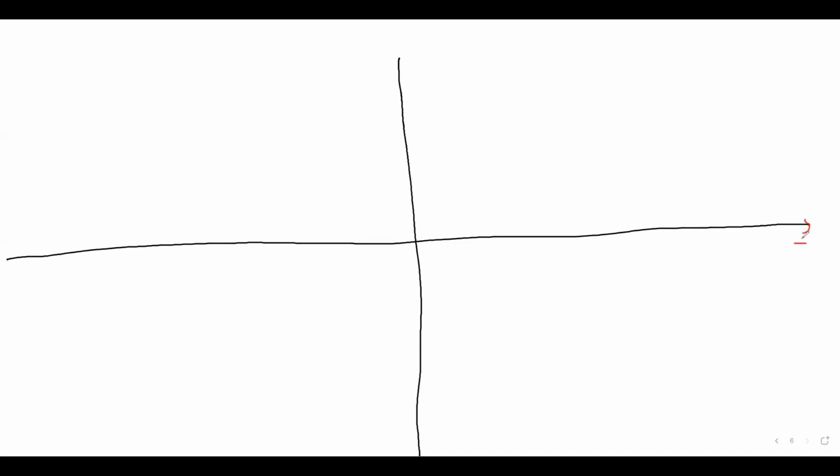This is the positive x-axis, negative x-axis, positive y-axis, negative y-axis. 0, 1, 2, 3, 4, 5, 6, -1, -2, -3, -4, -5, -6.